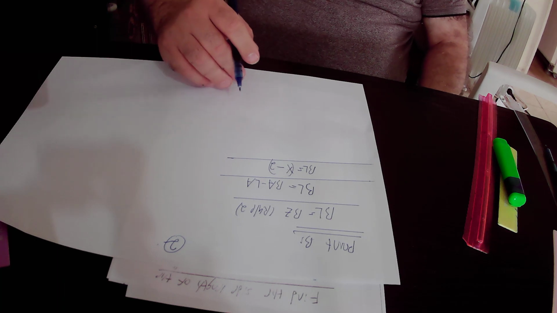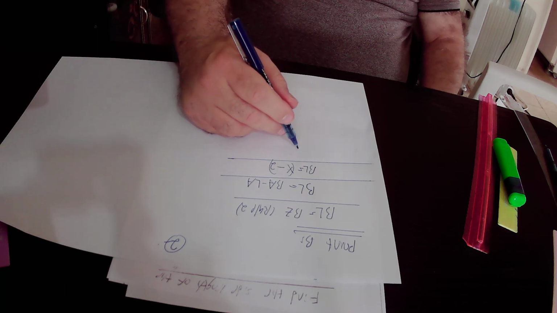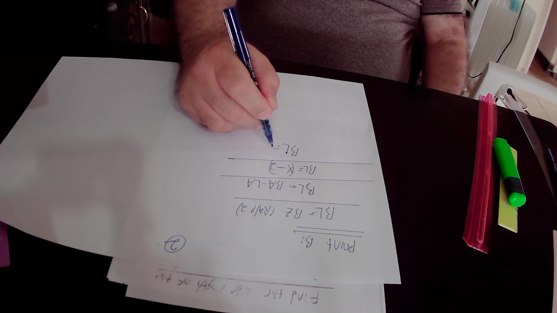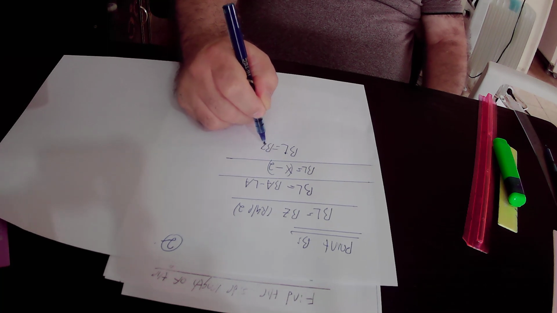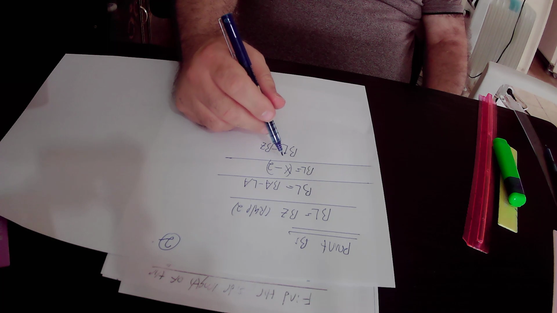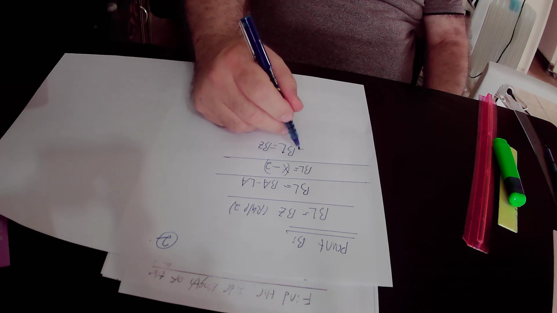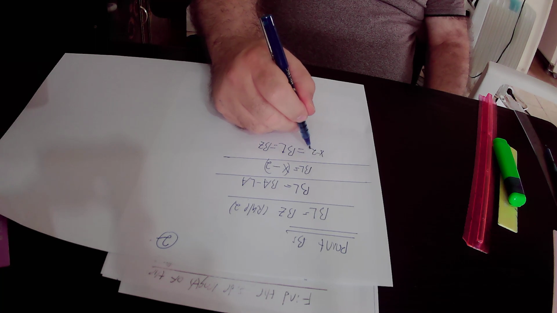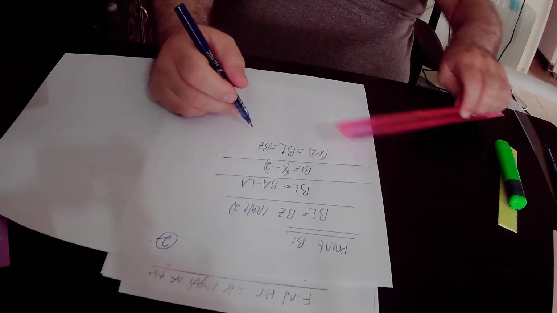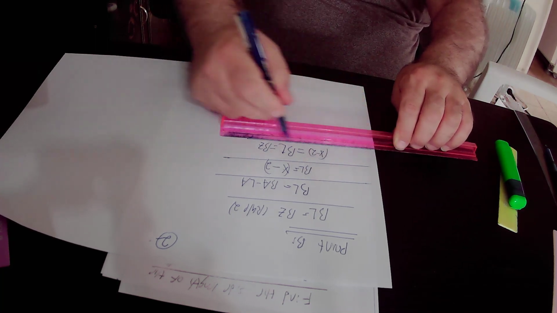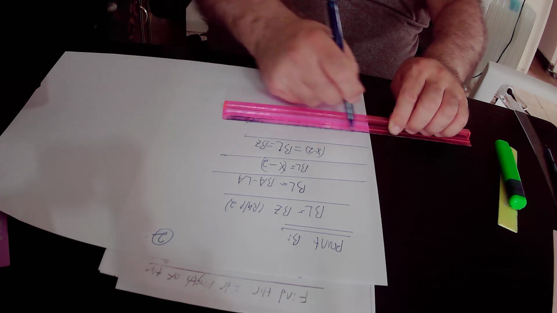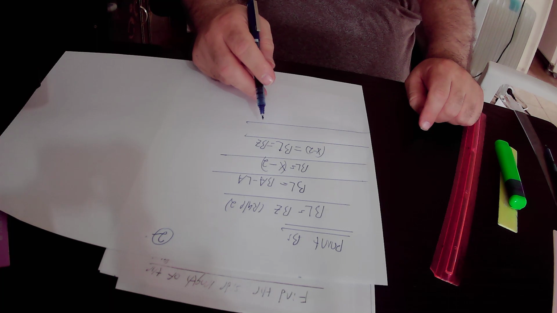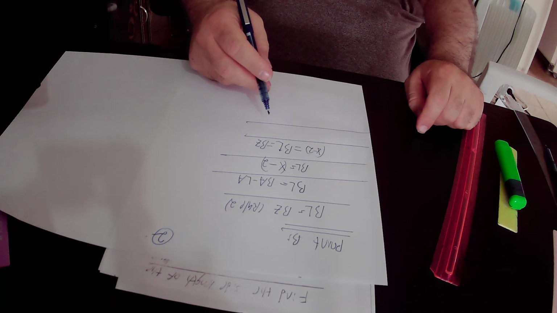But according to rule number 2, BL equals BZ. For one side, but for the other side, we just found out that BL is also equal to X minus 2. So we can write down here that BL equals X minus 2. And from this equation, X minus 2 equals BL equals BZ.